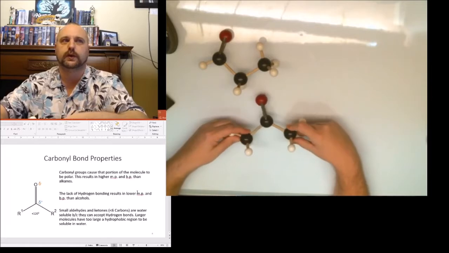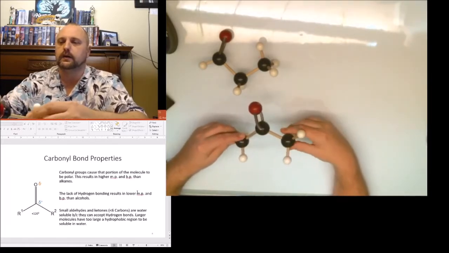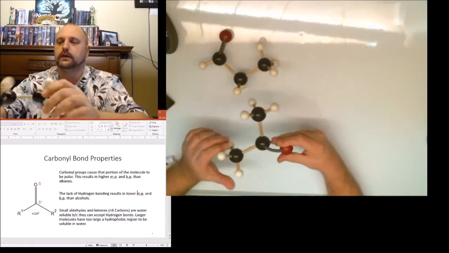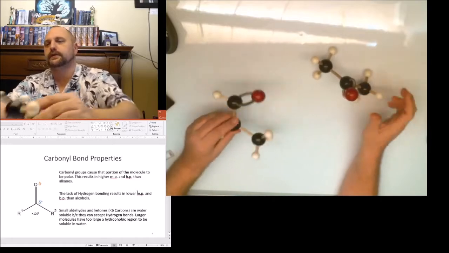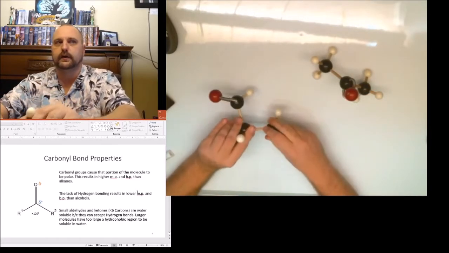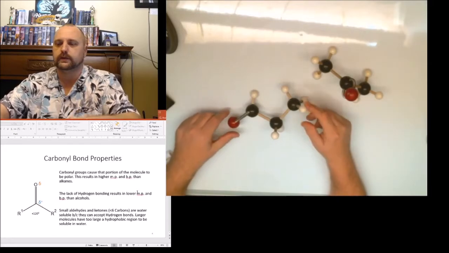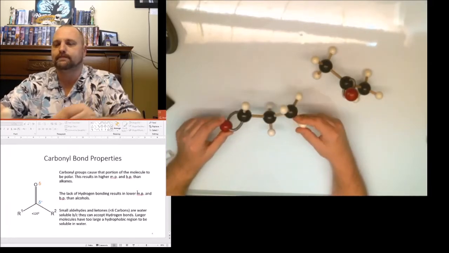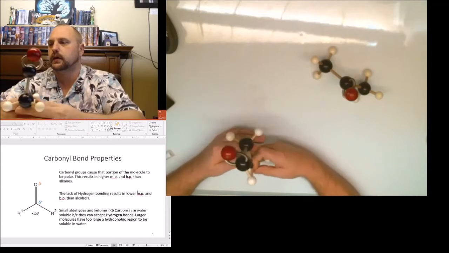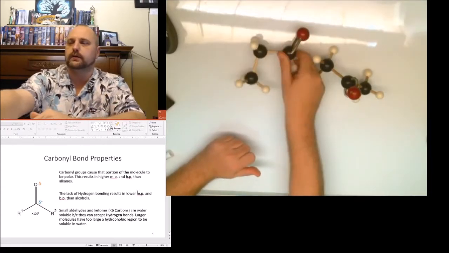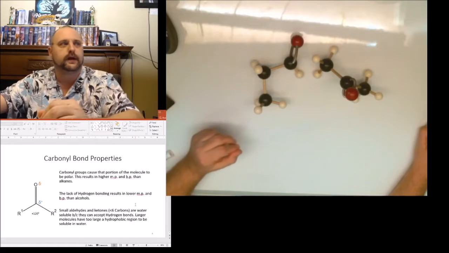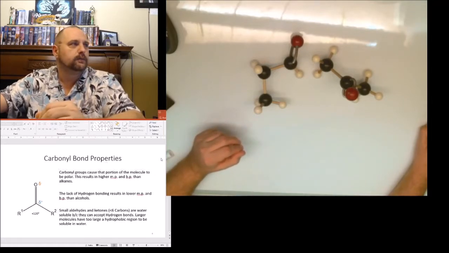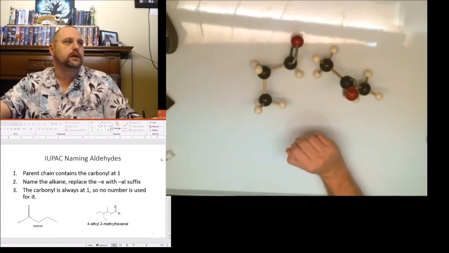We can also see it's 120 degrees, so it's roughly going to be flat when it sits, but it also follows our general zigzag pattern, so we can draw it the same zigzag as we normally would. Carbonyl, not too hard. As for properties, it's going to be a little more water soluble than alkanes, but not nearly as much as alcohols.